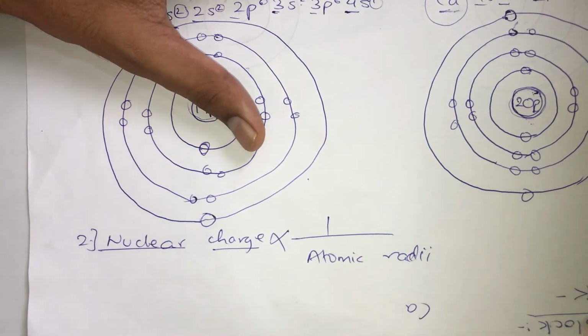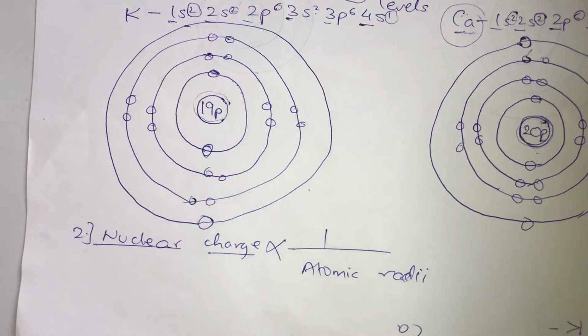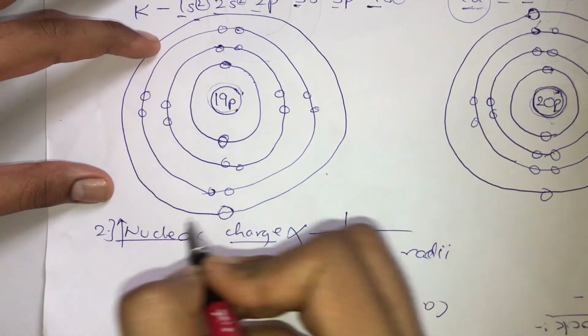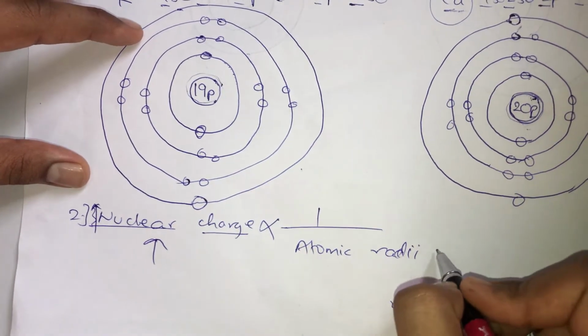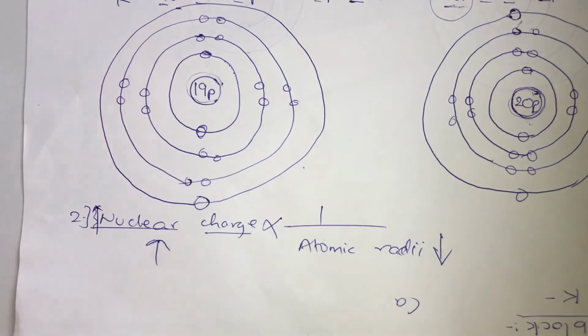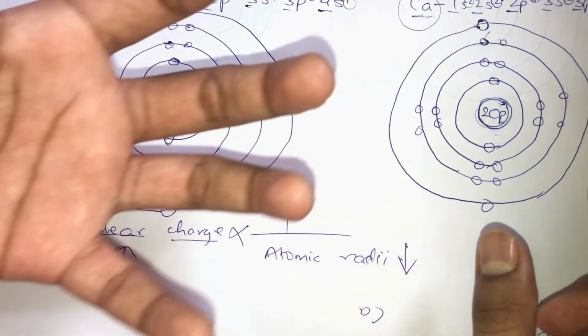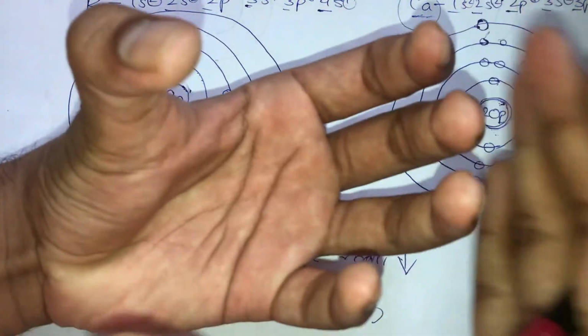So can I say, guys, that the nuclear charge is inversely proportional to the atomic radii? Why? Because if the nuclear charge is greater, then it is obvious that the atomic radius will be less. Why? Because if there is greater nuclear charge, then the nucleus will pull the electrons towards itself and the size will automatically shrink.